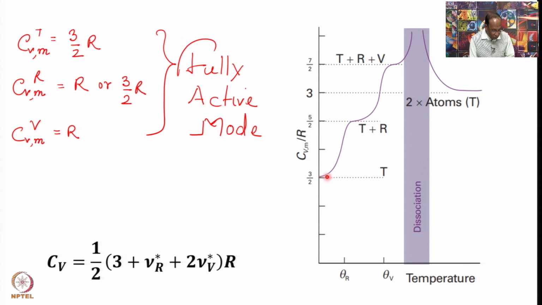We started with 3/2 R because translational contribution is always there.